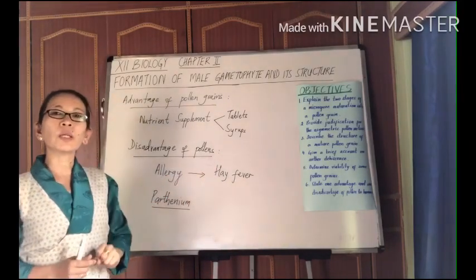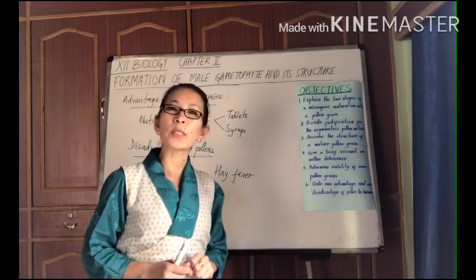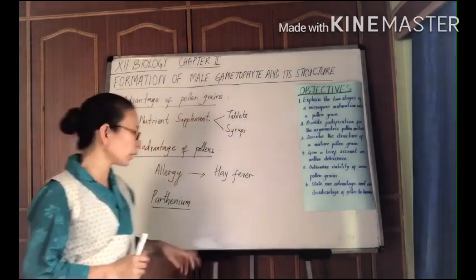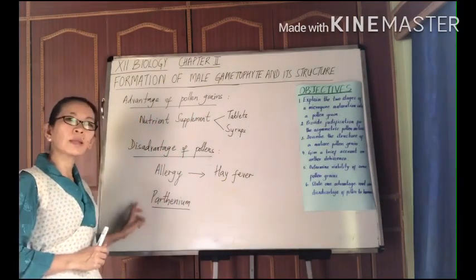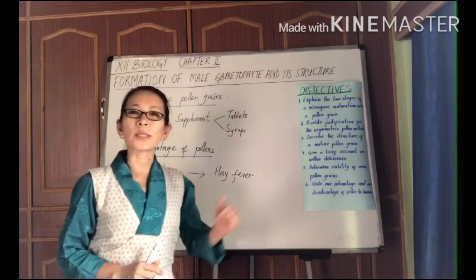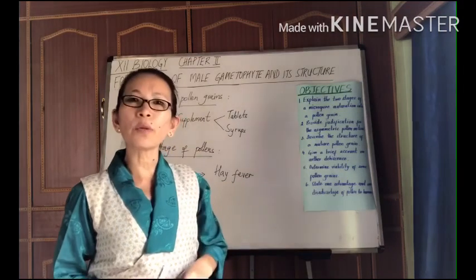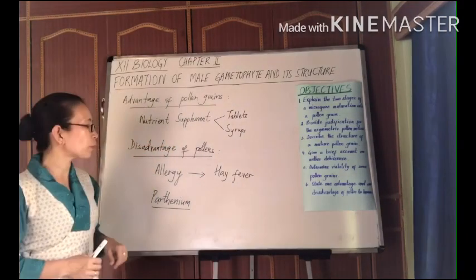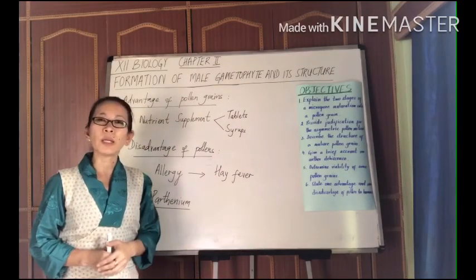One of the plants whose pollen causes hay fever in many individuals is known as parthenium. Parthenium is a very common weed that grows everywhere, and the pollen of this plant is considered to be mainly responsible for causing hay fever in many individuals.